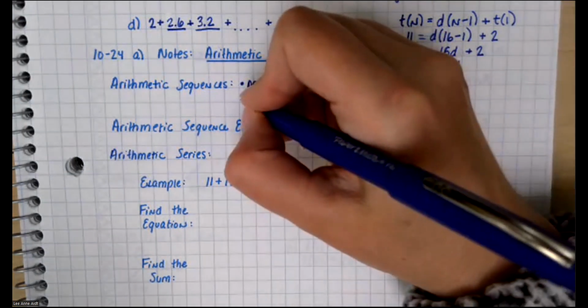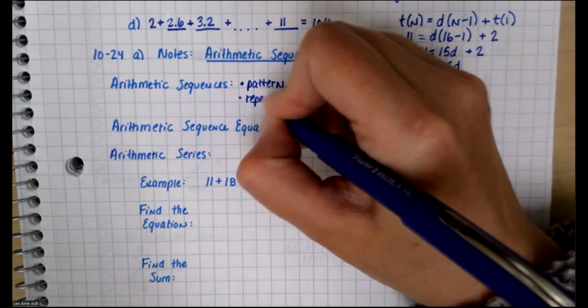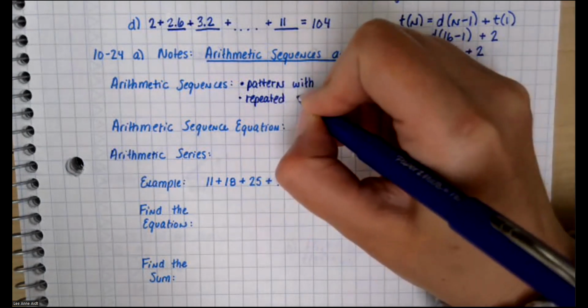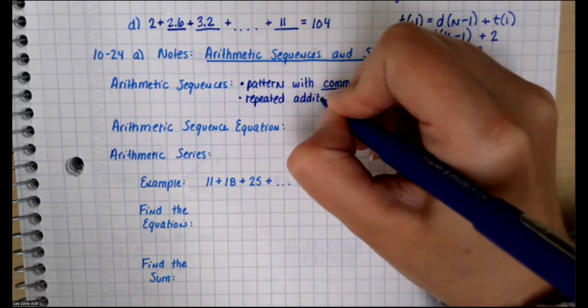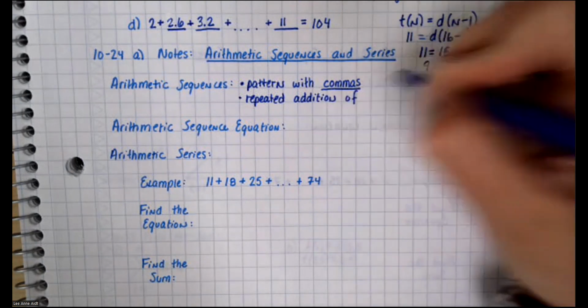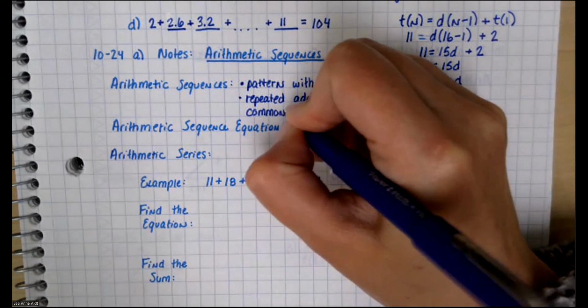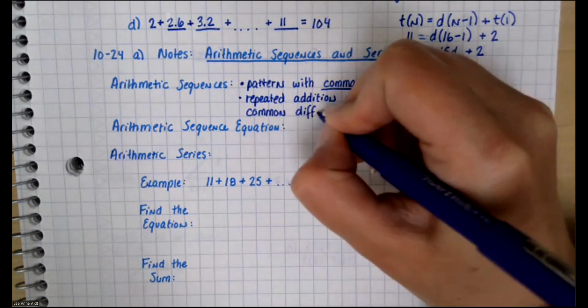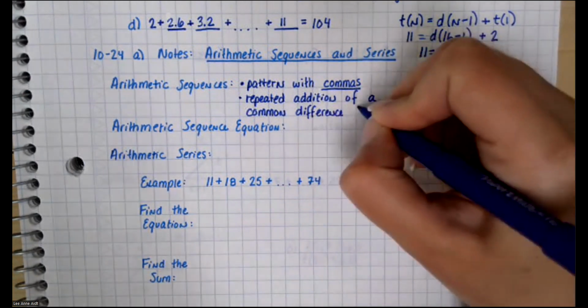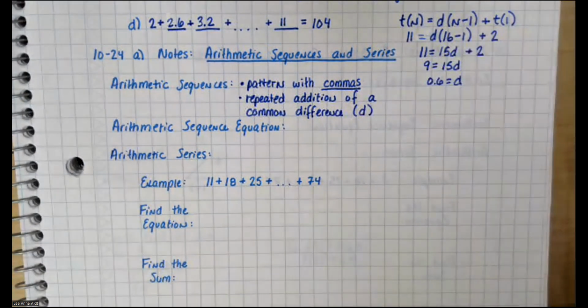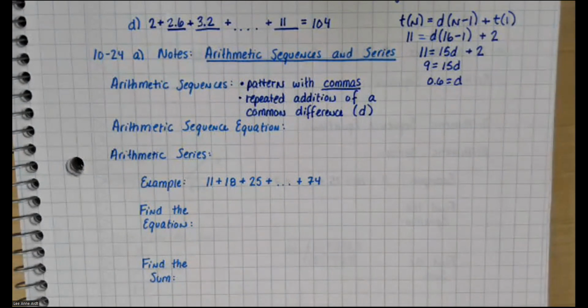Okay. What makes them arithmetic is that they're repeated addition of a common difference, d.